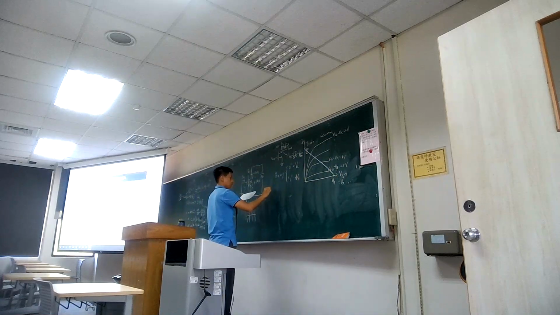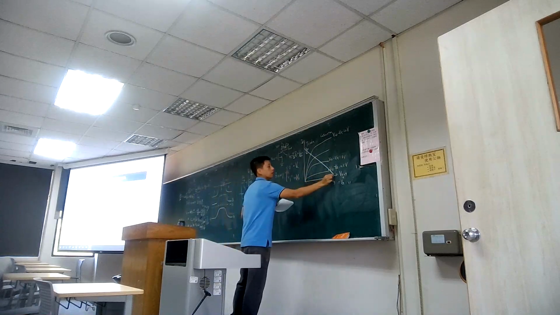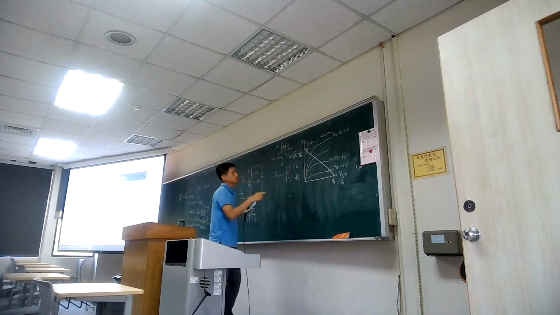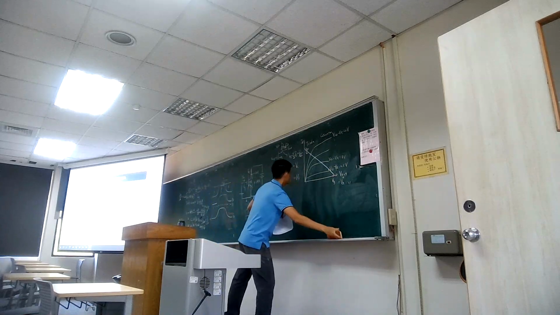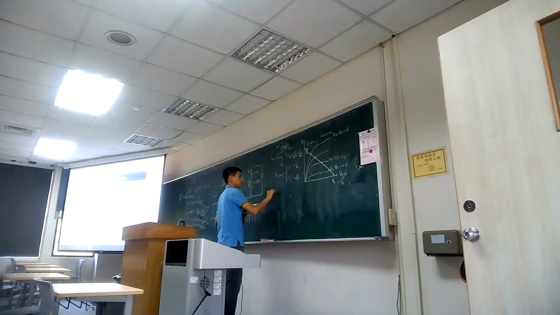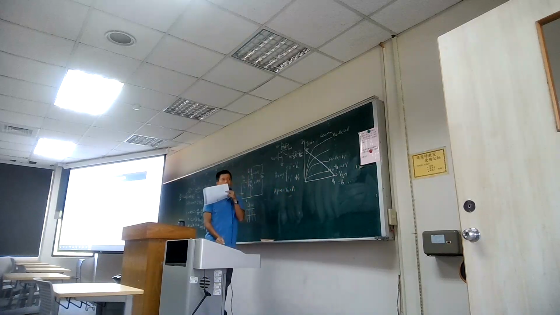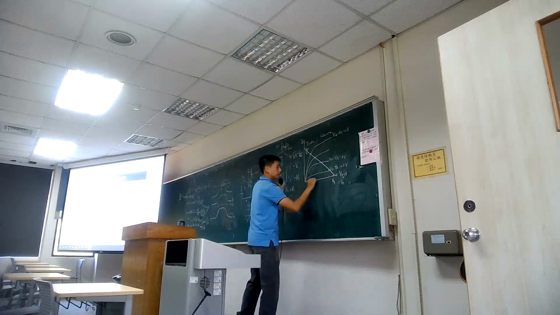So let us consider some points. First is the lower point, which we call A. So for this one, maybe I use a different color. Consider this is point A. We should start from point A. For point A, what happened here is that your VGS is smaller than VT.